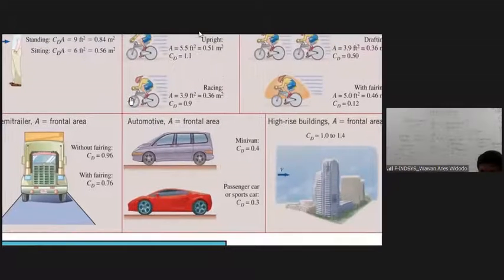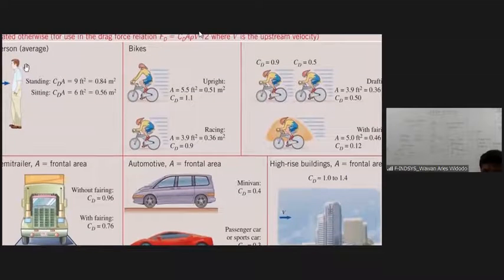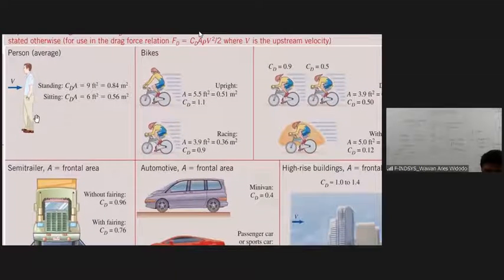If a person is walking, standing or sitting, they have a drag coefficient of about, sorry, this is the velocity, 0.84.